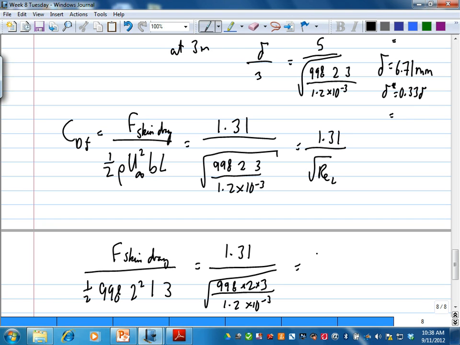Therefore, F skin drag equals how many newtons? It will also be quite small. Skin friction drag is normally quite small.